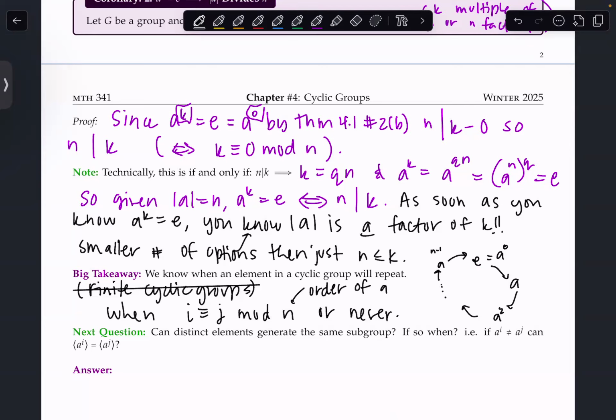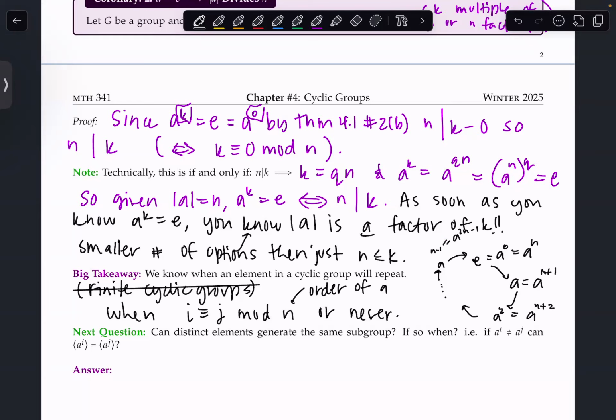And if I multiply by a one more time, I get back my identity. So a to the 0 gives me back a to the n. If I multiply by a one more time, I'll get a to the n plus 1, then a to the n plus 2, then a to the 2n minus 1, and so on.